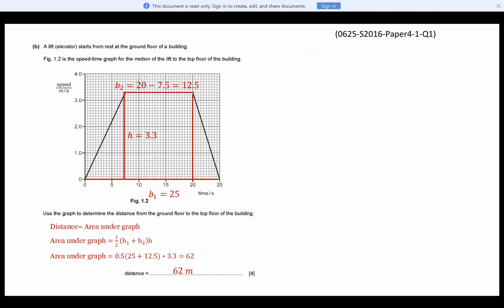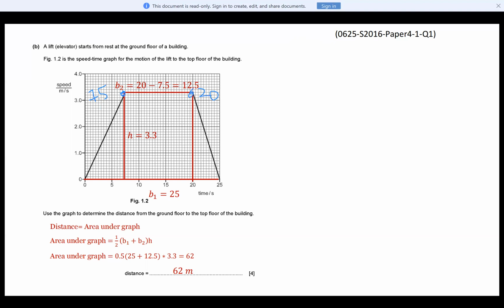So like we said, we have the area under the trapezium, and we got the x values of the 2 points. The value of this point here is 20, and the value of this point here is 7.5. The purpose of drawing these vertical lines is just to get the exact x value.